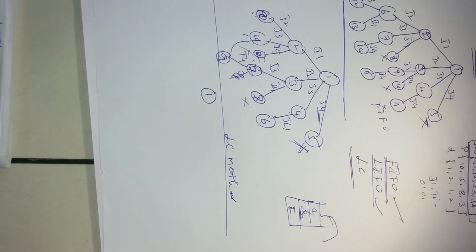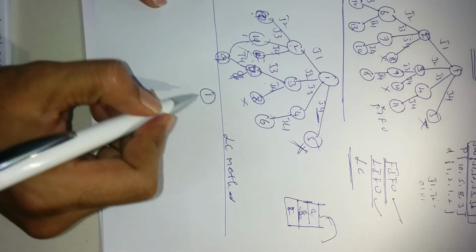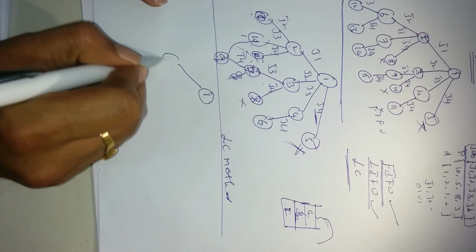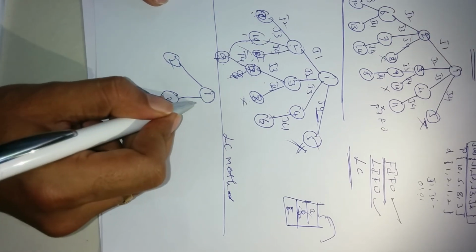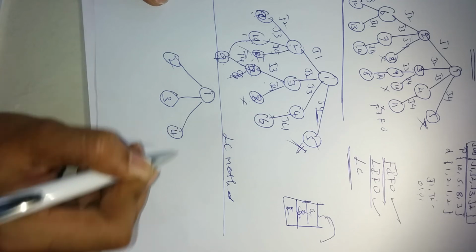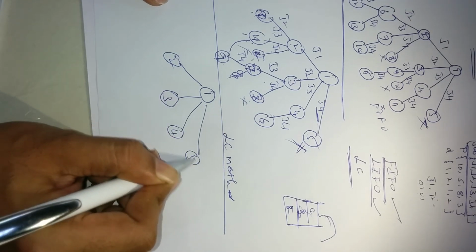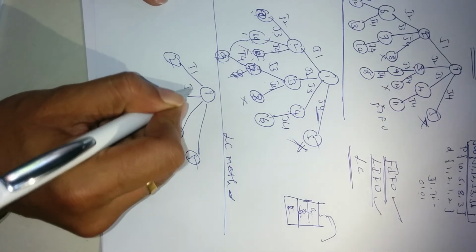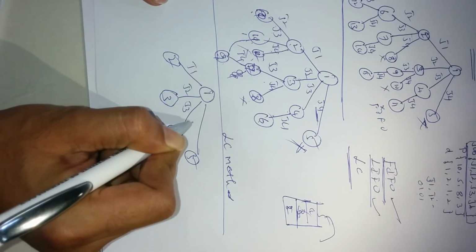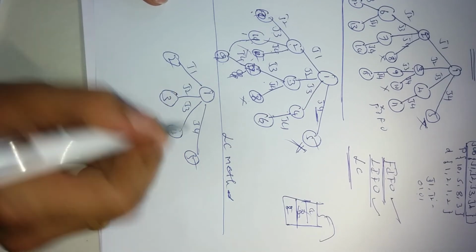Now, first we have to use this 1, J2, J3, J4, and this is 1, 2, 3, 4, 5. Job 1, job 2, job 3, job 4. There are 4 jobs.